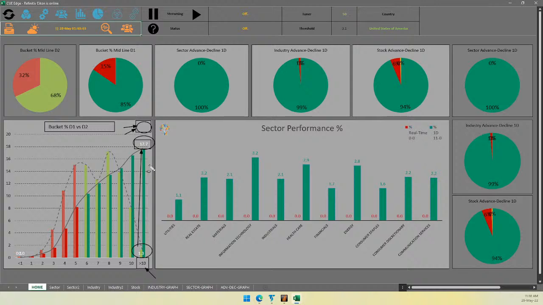So my conclusion from bucket analysis is that it is not overbought, but it may need to take a rest before it goes up again. So this analysis from the technical breadth and the way the market ETFs are showing up in the daily chart, all are telling me that it is going to go up more, but I may wait for the market to either pause or for a pullback.